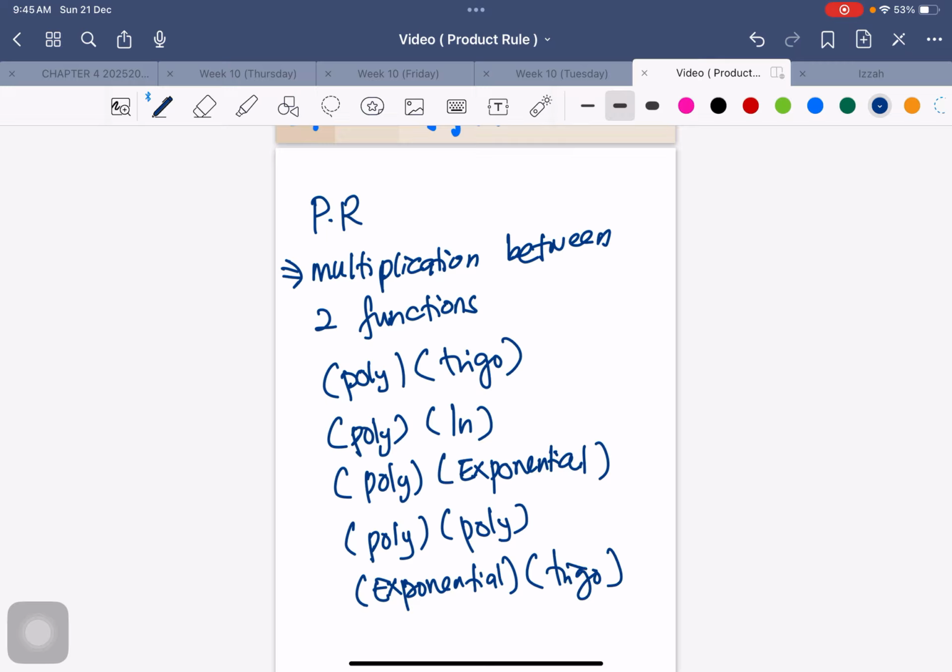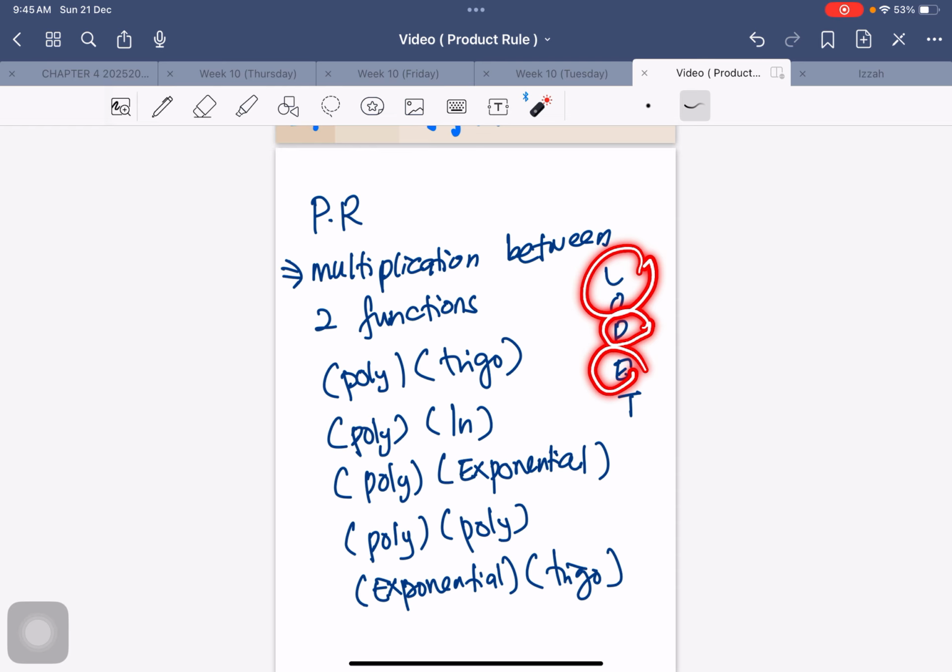So any combination from LOPET. What is LOPET? Ln, polynomial, exponent, trigo. If you have a multiplication between these two functions, then you can use product rule.